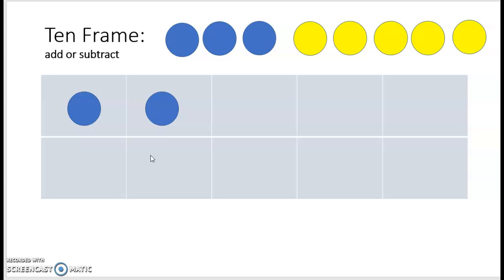But I started with the 10 frame because usually there's 10 boxes, 5 at the top and 5 at the bottom. And they are able to add and subtract and give me the sum. So this is very flexible in the learning for kindergarten standards and the visual.